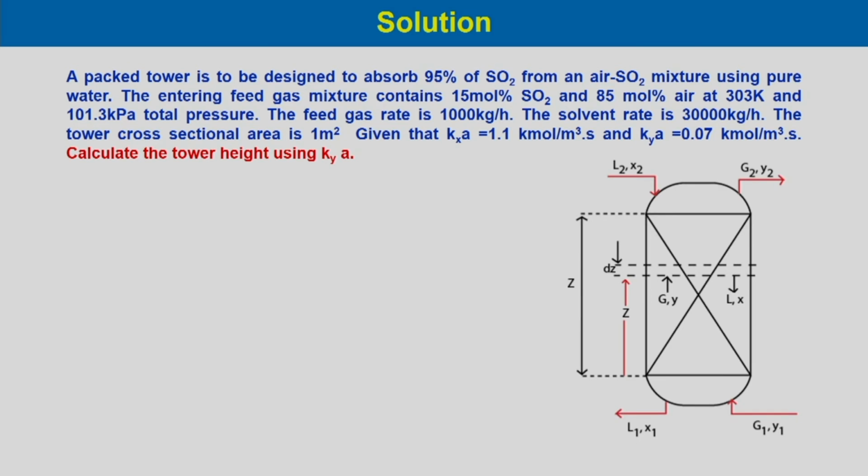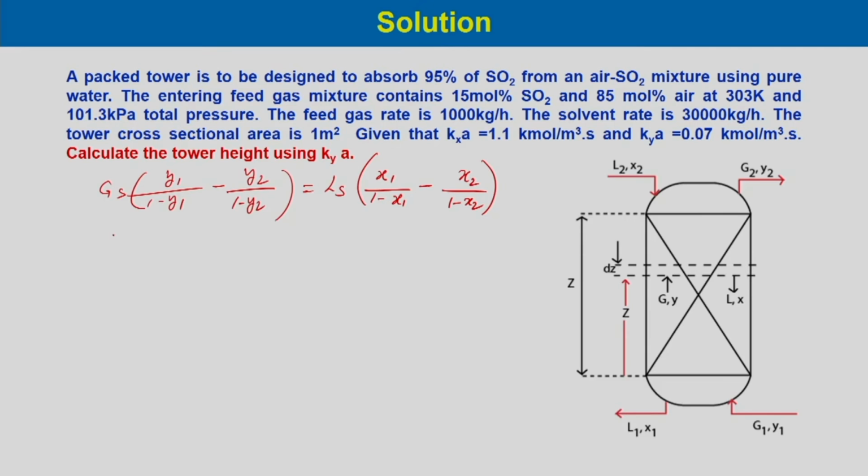Now, we need to calculate the exit stream concentration x1, the liquid phase concentration. To do that, we know the material balance equation, that is Gs into Y1 by 1 minus Y1 minus Y2 by 1 minus Y2 would be equal to Ls into x1 divided by 1 minus x1 minus x2 divided by 1 minus x2.